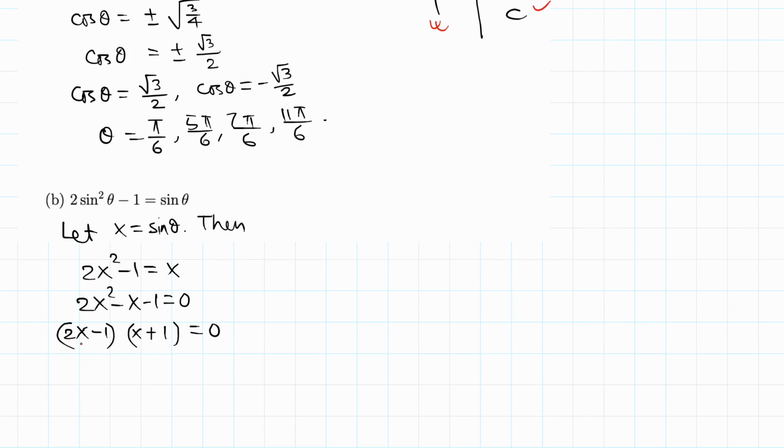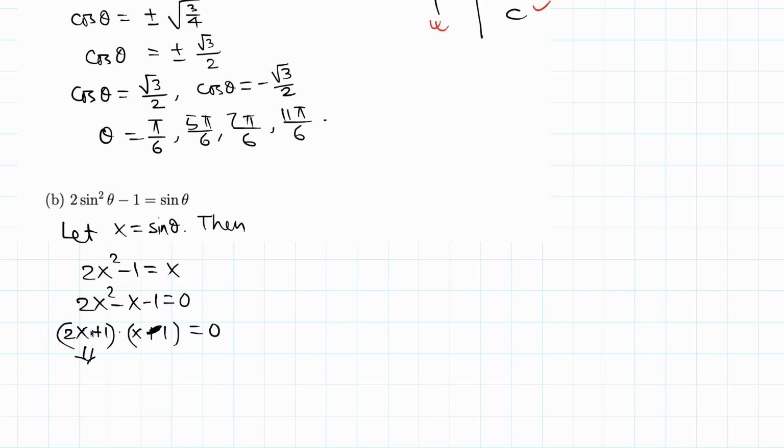First and last are fine because 2x times x is 2x squared, and negative 1 times 1 is negative 1. If we multiply 2x times 1, that's the positive 2x, and negative x gives positive x. But we are supposed to get negative x, so we need to switch the sign. You might have other ways to solve this. So this is plus and this is minus.